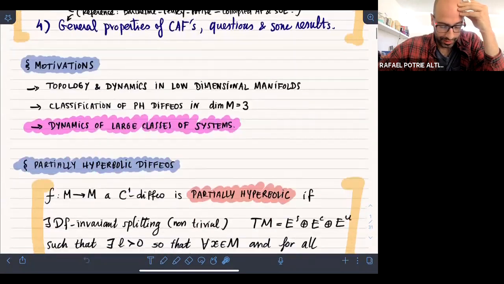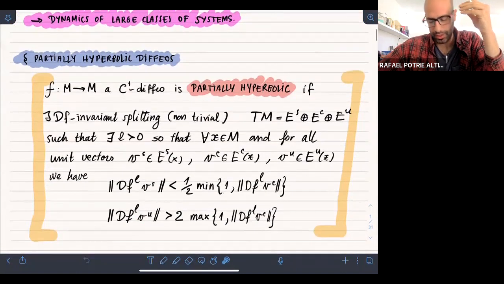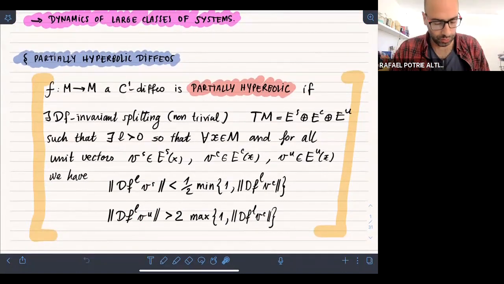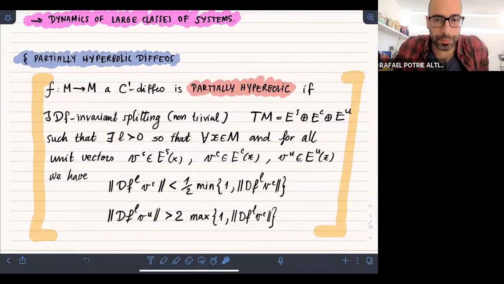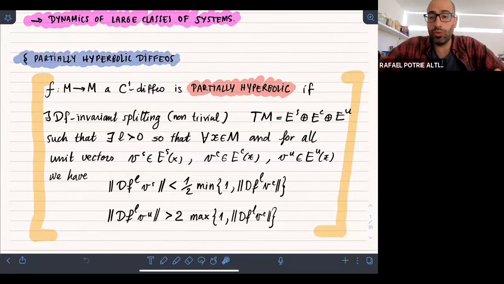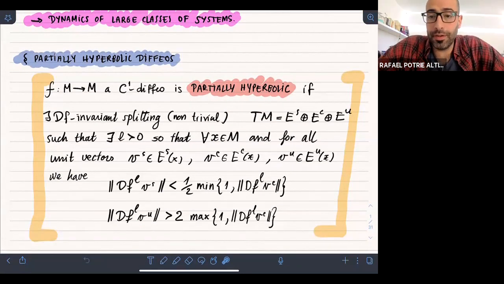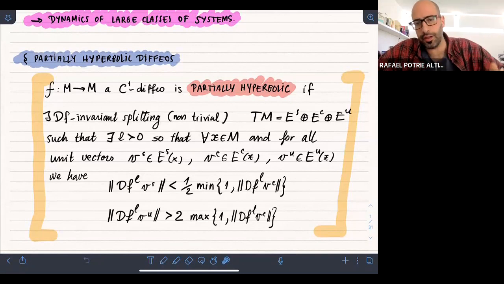And so the class of systems I will try to understand, and right now I won't be in dimension 3, I will give some examples just to explain the kind of systems that belong to this class. And in the next lectures, I will enter a little bit more into the details of other constructions and into more specific situations in dimension 3.